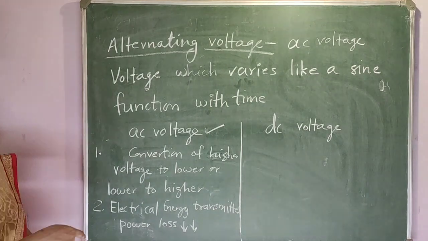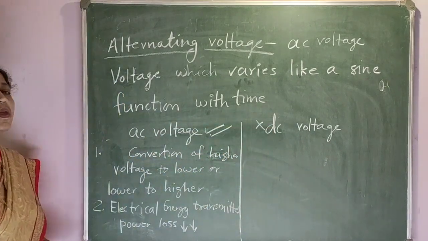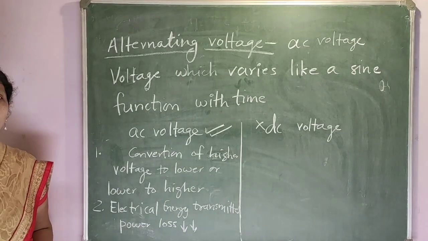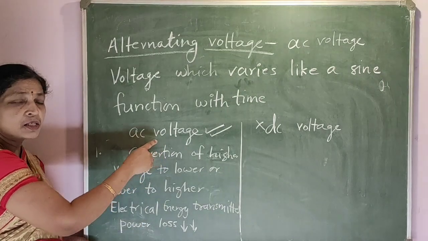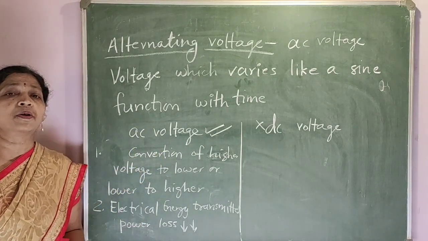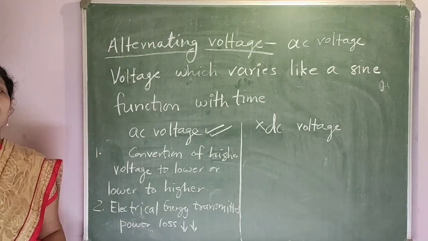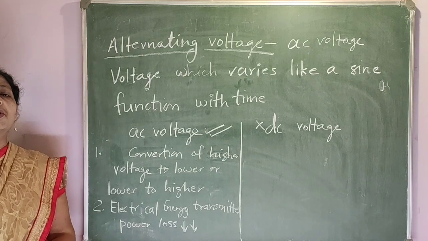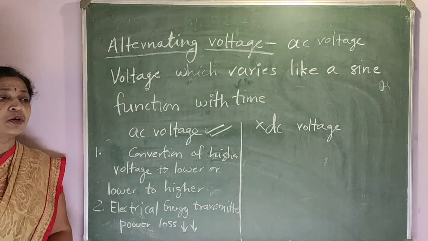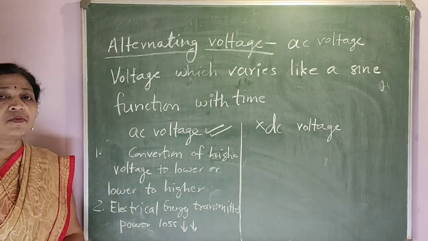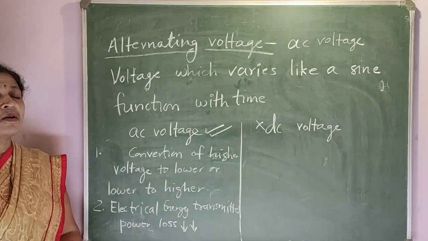You can see AC voltages are preferred over DC voltages. Everywhere we see AC voltage. There are some reasons why AC voltage is preferred. First, conversion of one voltage to another, that means conversion of higher voltage to lower voltage, or lower voltage to higher voltage, we can do easily with the help of a transformer if we have AC voltage.